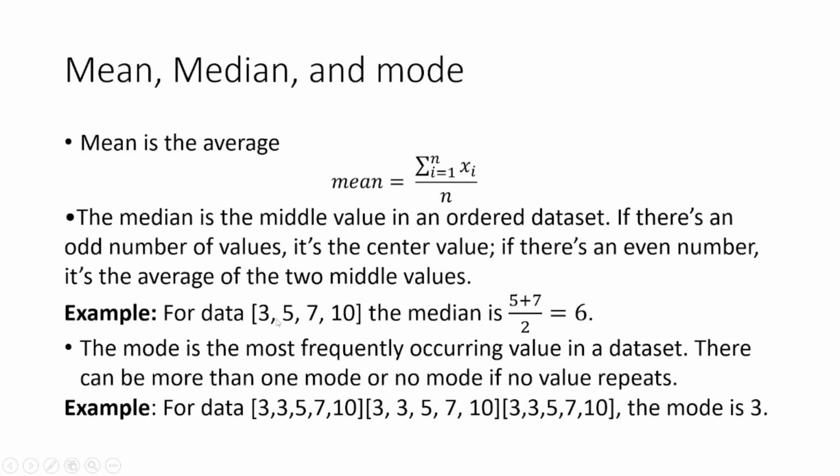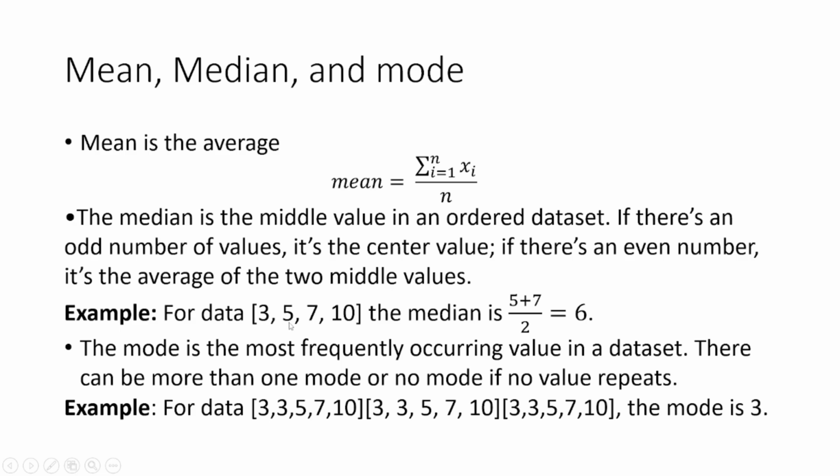So if we have our data set like 3, 5, 7, 8, ordered from the lowest to the biggest, the middle one is our median. If there is an odd number of values, the median is in the center. If there is an even number of values, it's the average of the two middle values.